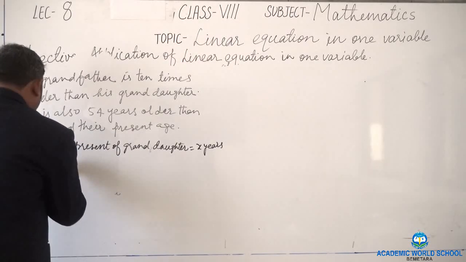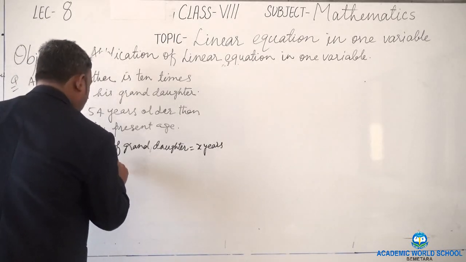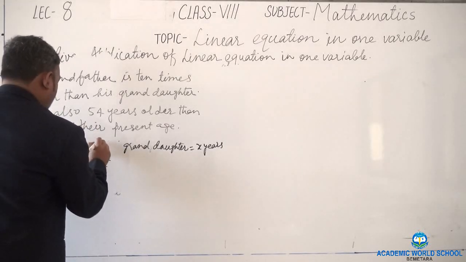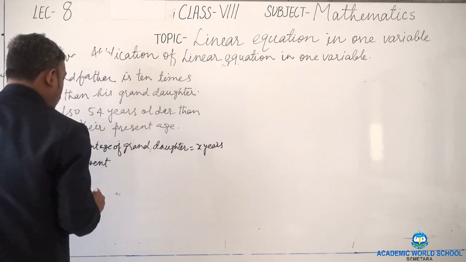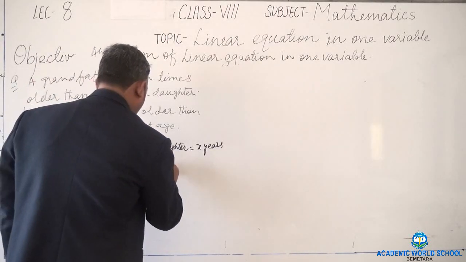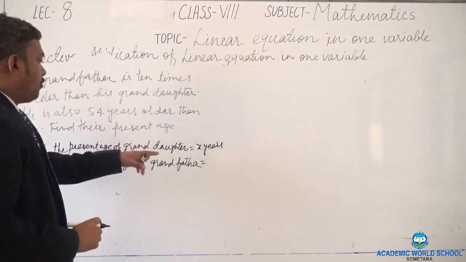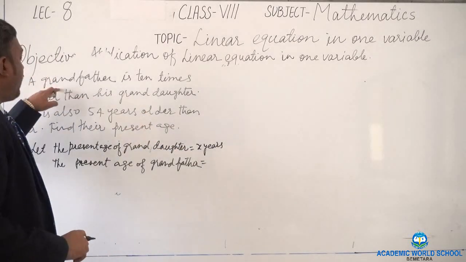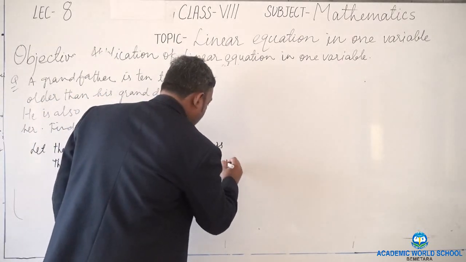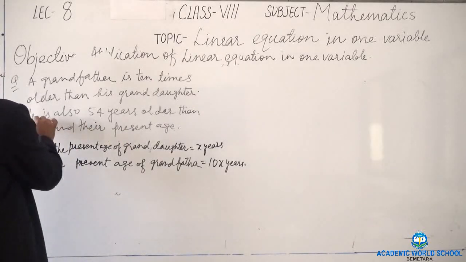Since the granddaughter is x years and he is 10 times older, the grandfather's age will be 10x. Right. Now let's come to the next part of the sentence.